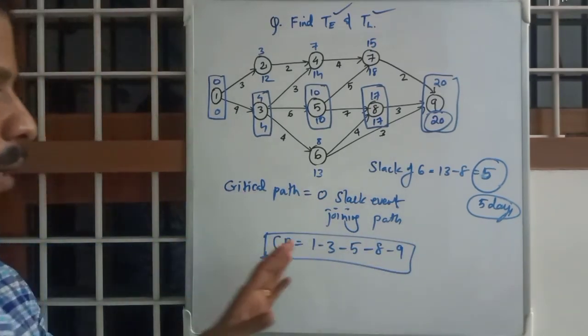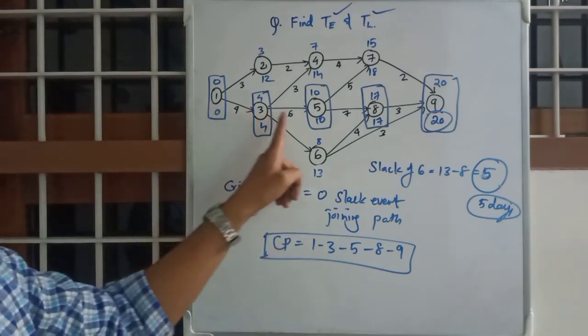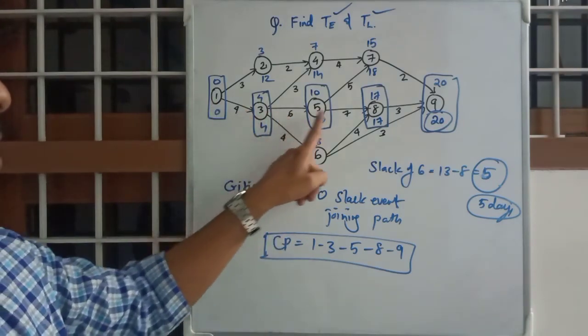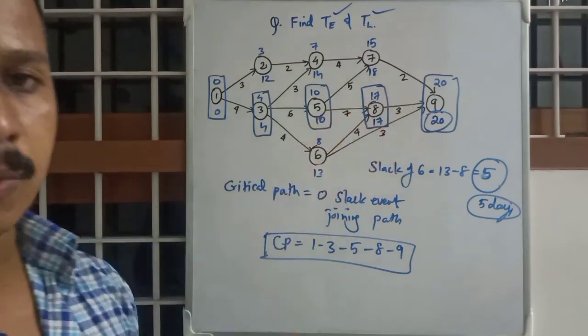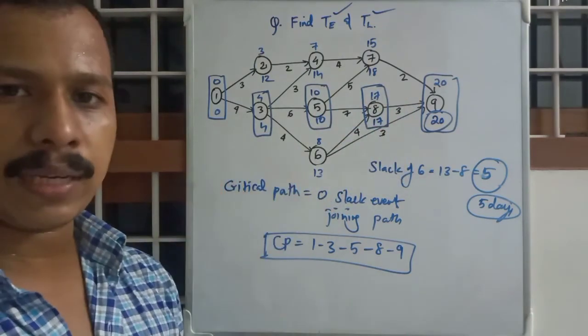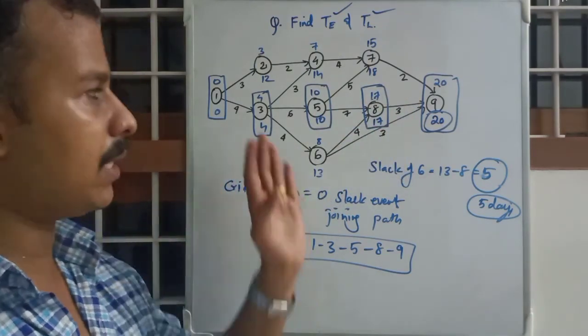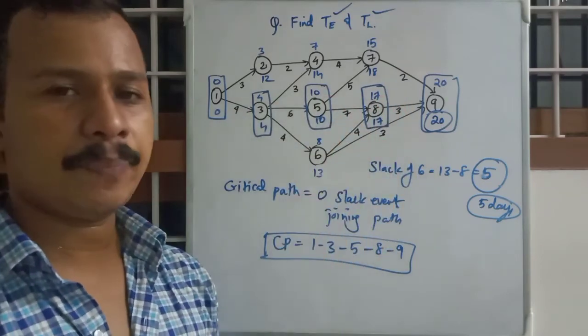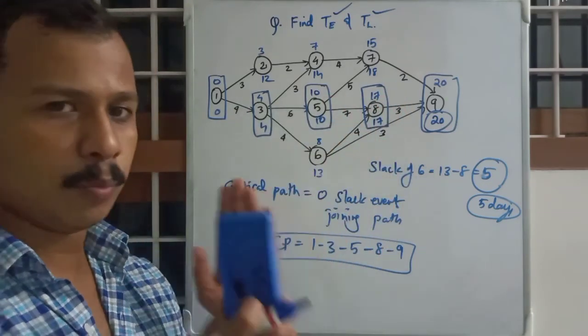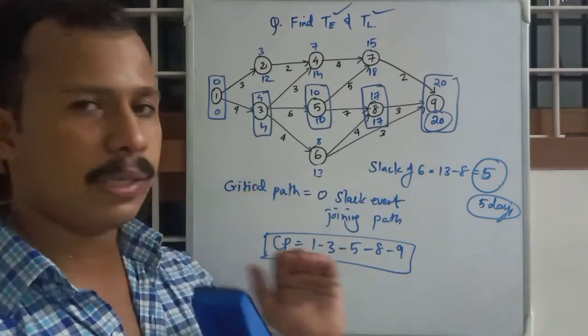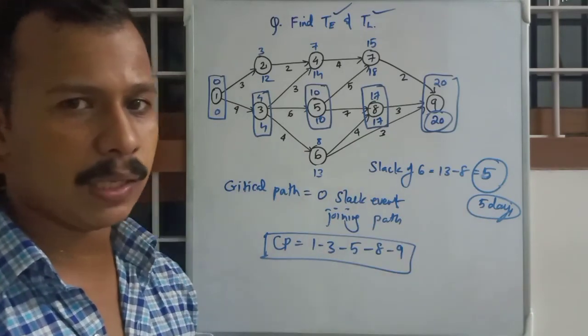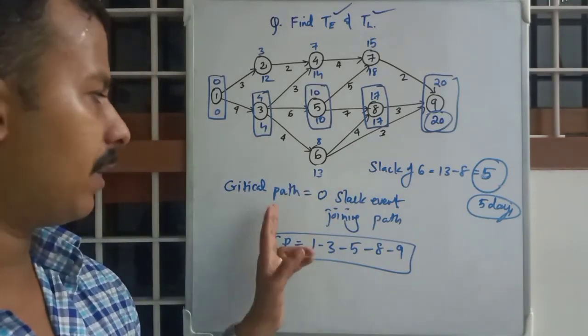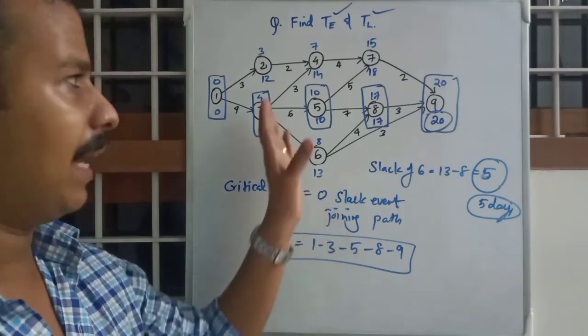Okay, so the idea behind this is these activities which take 4, 6, 7, 3 days respectively should be prioritized and considered as critical paths so that there won't be any schedule change. All those 4 activities should be going according to plan. Okay, so I hope this is clear how to find out critical path using slack and TE and TL.